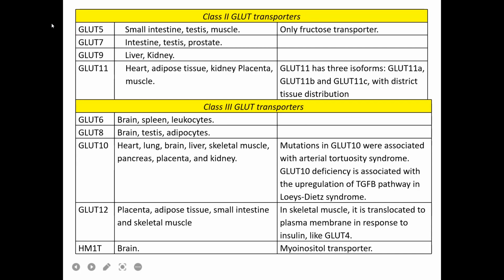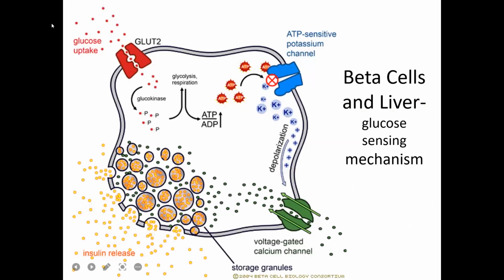There are various other transporters, which I won't bother you with in detail. This is the beta cell, and the beta cell is activated by the slow glucose intake through this GLUT transporter, which increases ATP, and this closes the potassium channel.